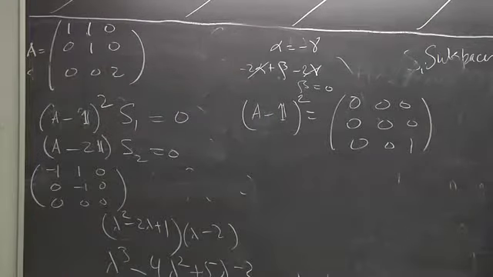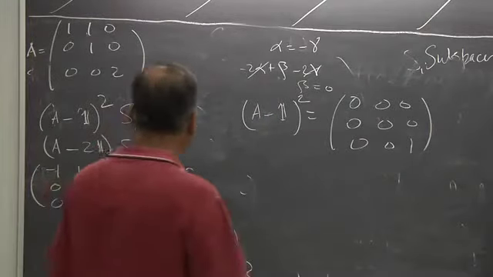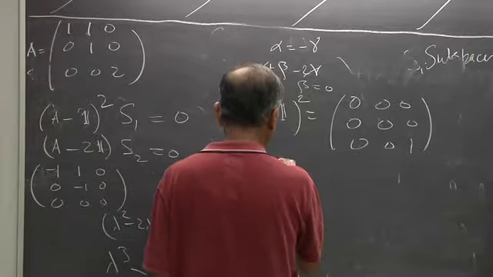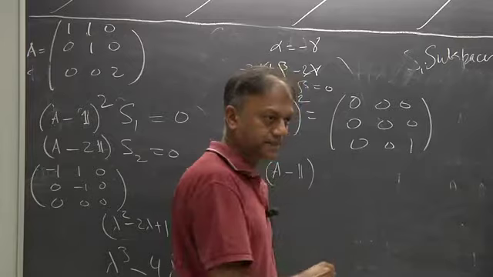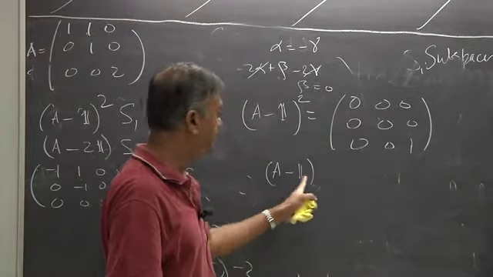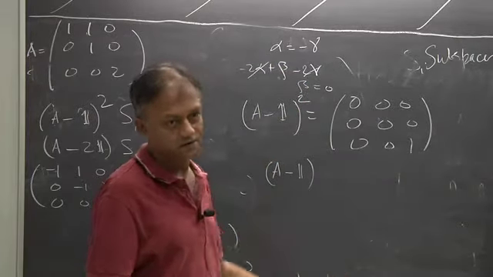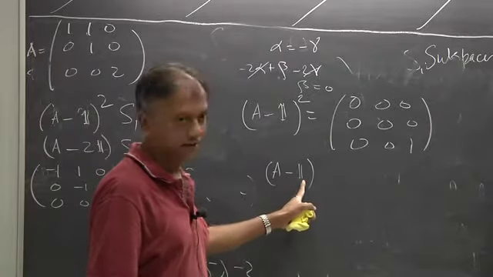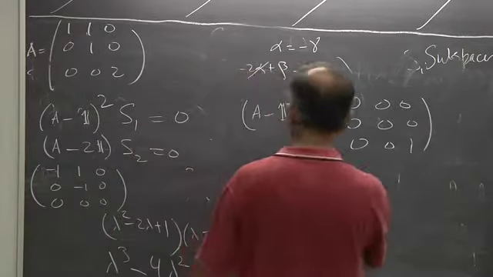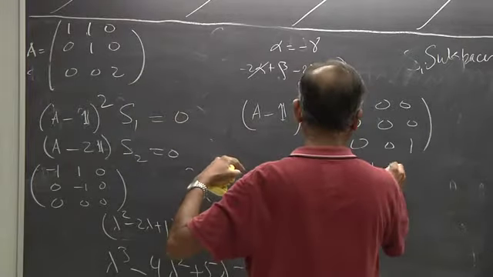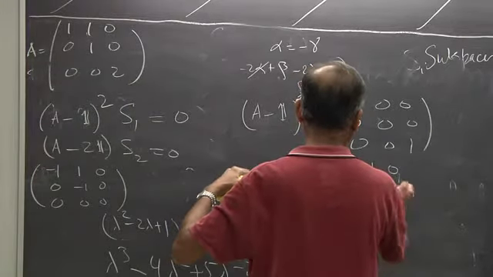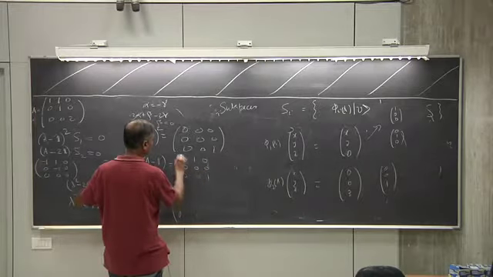Okay, so A minus 1 square, that was what. Now let's look at A minus 1 itself. That will be the ordinary eigenvector, right? If there is a vector which satisfies A minus 1 acting on that vector equal to 0, that will be an ordinary eigenvector with eigenvalue 1. So A minus 1 is simply 0, 1, 0, 0, 0, 0, and 0, 0, 1.